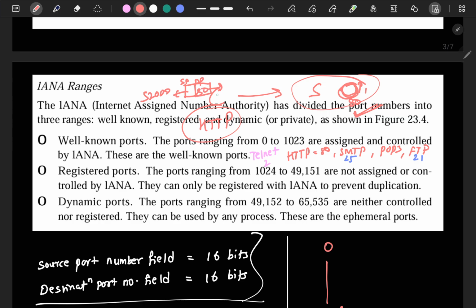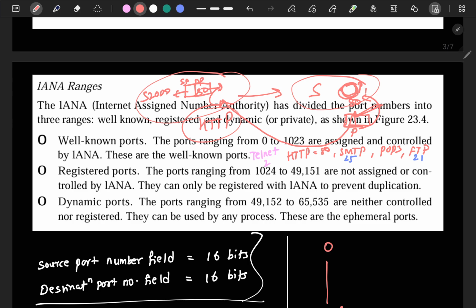So when the packet arrives, the packet knows that it has to be delivered to this particular process, and this process knows what to do next. If the process knows that this is HTTP, I have to give an HTTP service, that means it would be something related to web pages. So he is requesting web pages, and I will respond with the web page content. All that content will be given to the client, and the web page will appear on the browser.